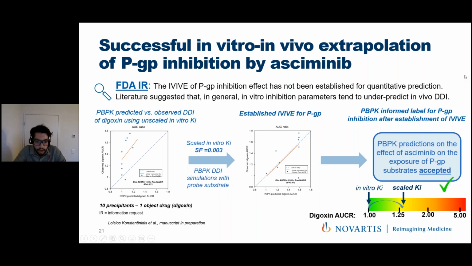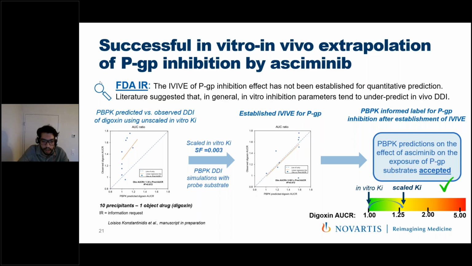And indeed, this is what you are looking at on the left part of the slide, where this graph shows how the model predicted versus the observed clinical DDI effect of 15 different perpetrators with digoxin as a sensitive PGP substrate.